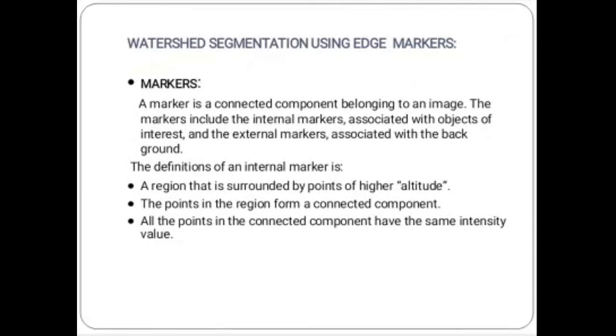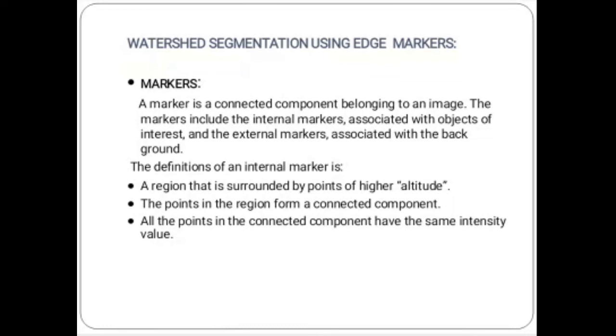Okay, the edge markers give you a clear segmentation based on the external markers and the internal markers. First of all, you all know about the marker. A marker is a connected component belonging to an image, and here I define an internal marker and an external marker.